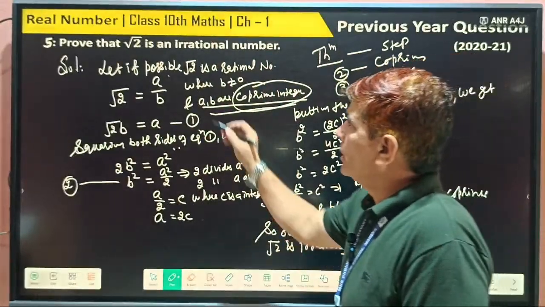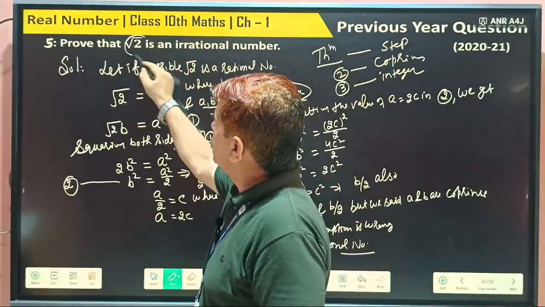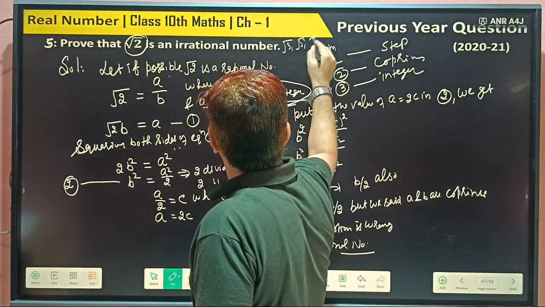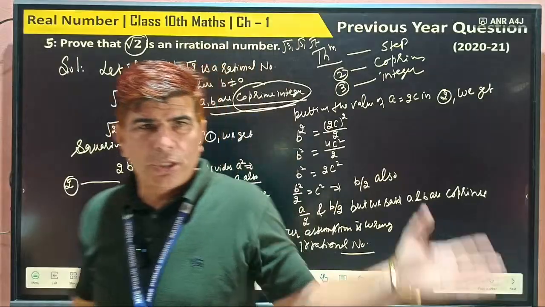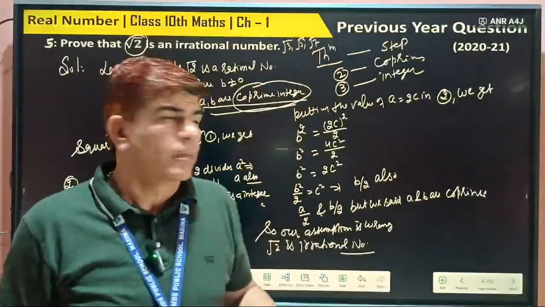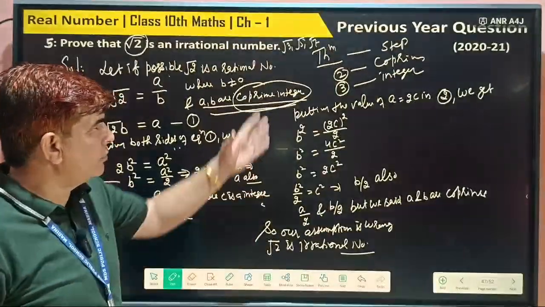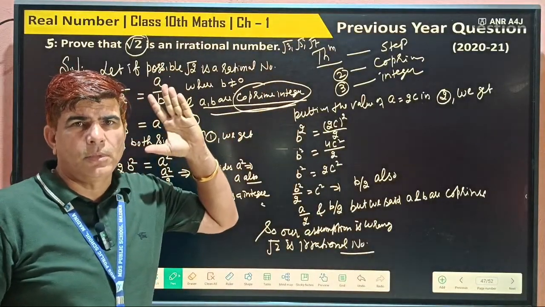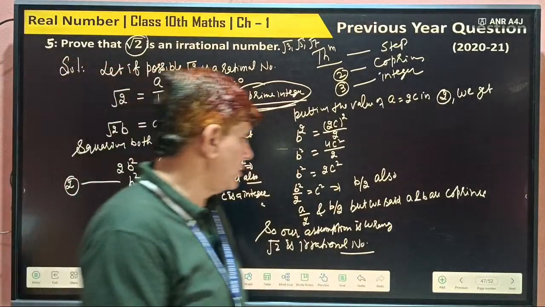It may be possible the situation changes: in place of under root 2, under root 3, under root 5, under root 7. The procedure remains the same. You have to write like this, then show like this, using that theorem. Understood? So easily you can show.